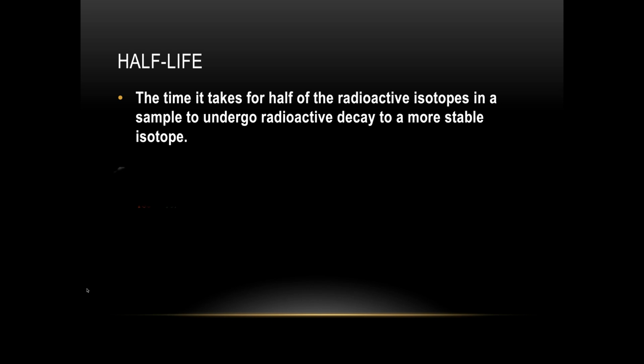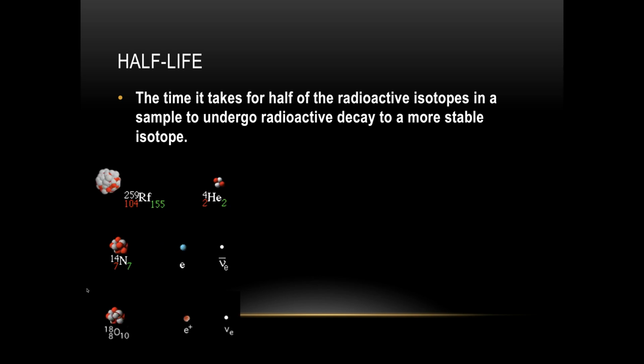Now, it's variable depending on what the radioactive isotope is. Different radioactive isotopes will release their radioactivity at different rates. The more stable a nucleus is, the slower it will release particles. And the more unstable a nucleus is, the faster it will release decay particles.